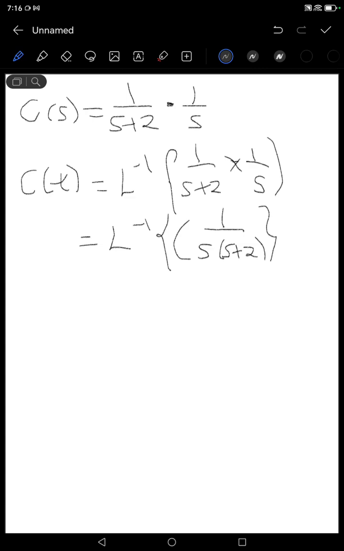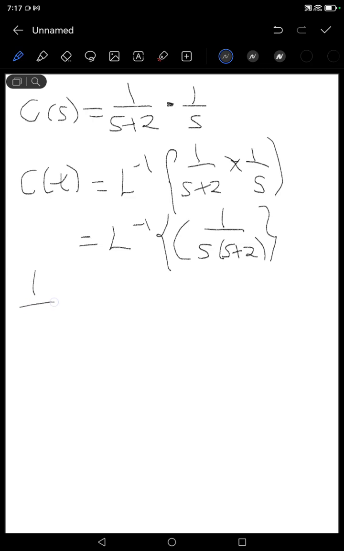Okay, so now from here we can solve the inverse Laplace of 1 over s(s plus 2). I don't know if you guys have that Laplace table close to you. When we check from our table, we don't have a Laplace like this, 1 over s(s plus 2). So what we're going to do here, we're going to do the partial fraction. This is how we're going to solve the inverse Laplace of 1 over s(s plus 2).